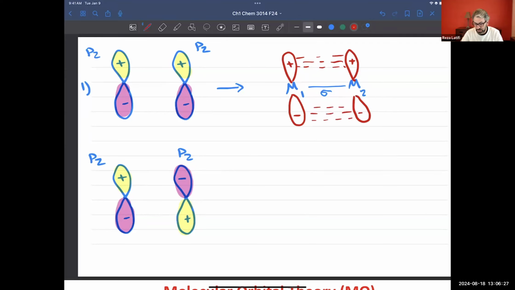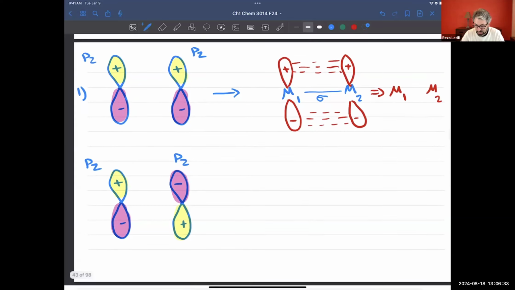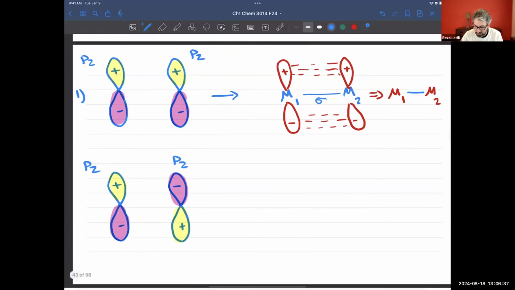The output of this: M1 will be attached to M2 through a sigma bond and a pi bond. This is going to be the pi bond. So this interaction will be a pi bonding interaction. How did I get it? I used two p orbitals, so I call it a pi PP interaction.